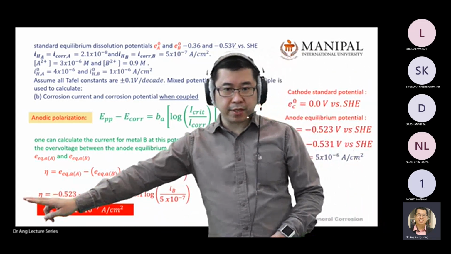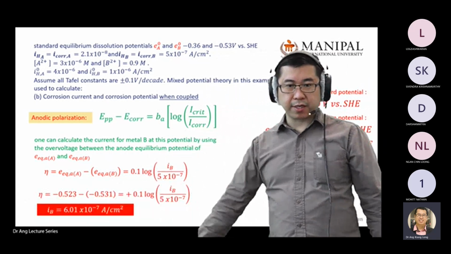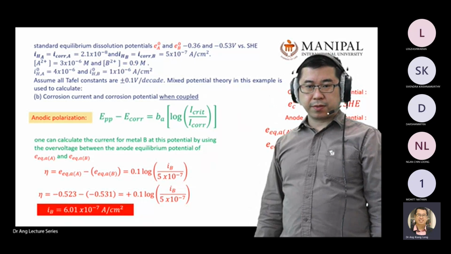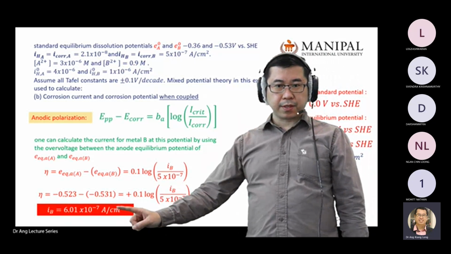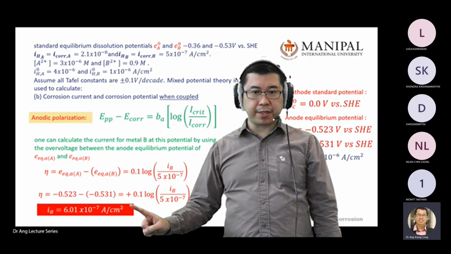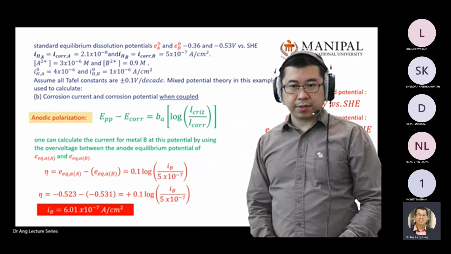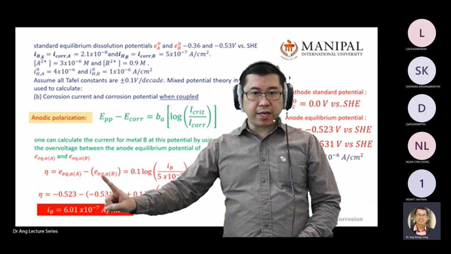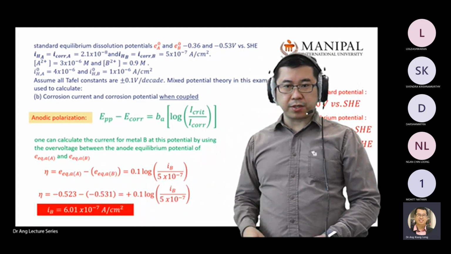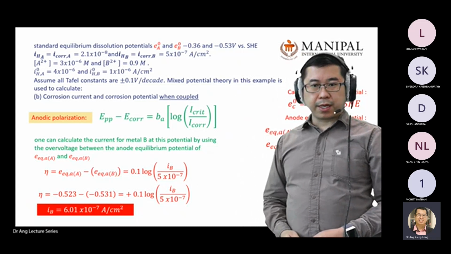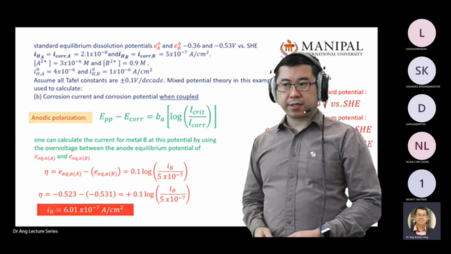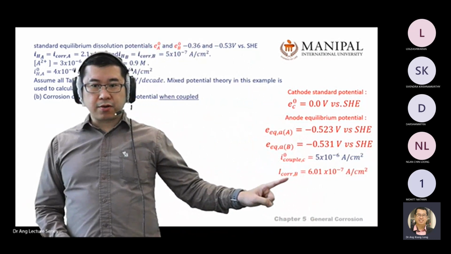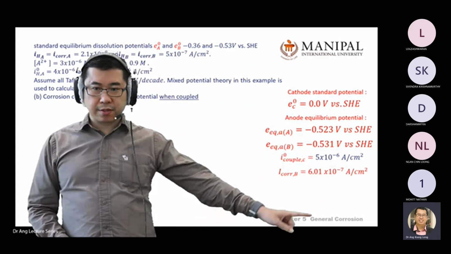Actually, you can remove the overvoltage here. You already get the second parameter, IB, by substituting the equivalent of A, equivalent of B in the equation. So I pull this value to the right hand side. I put it here. I corrode B equal to 6 point something times 10 power negative 7.